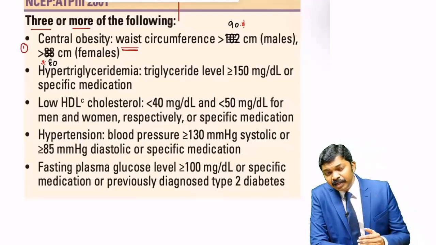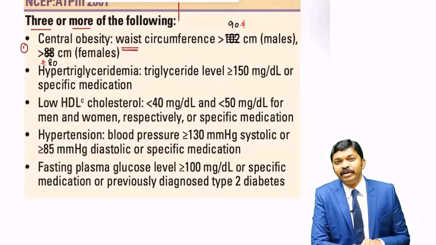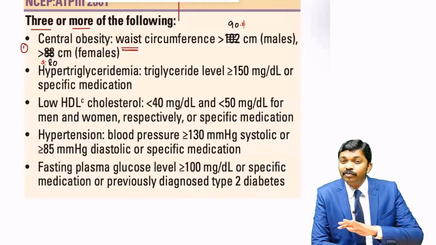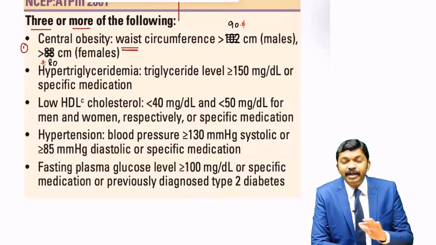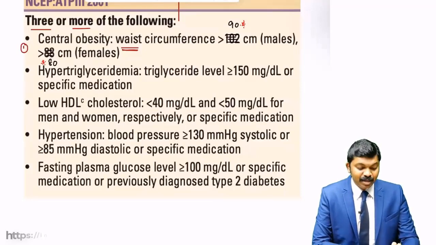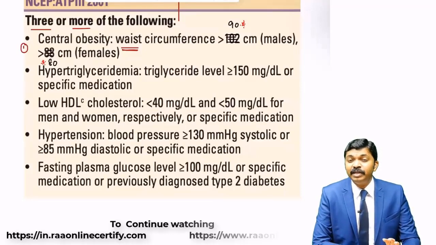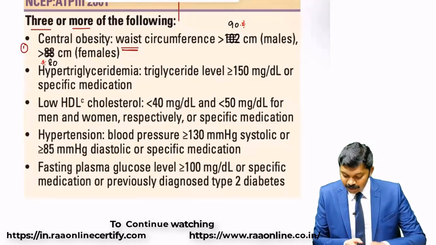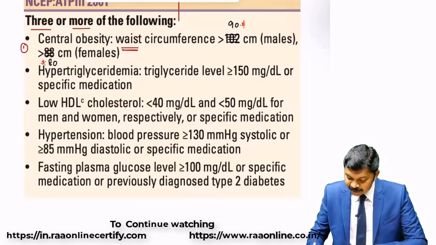Is it beneath the skin or in the abdominal cavity? If beneath the skin, the subject is free from danger and doesn't have to worry about anything. If the placement of fat is in the abdominal cavity, that is something the subject has to be seriously concerned with, because that is a marker of ill health. Alright, so please remember, point number 1 is going to be central obesity, people.